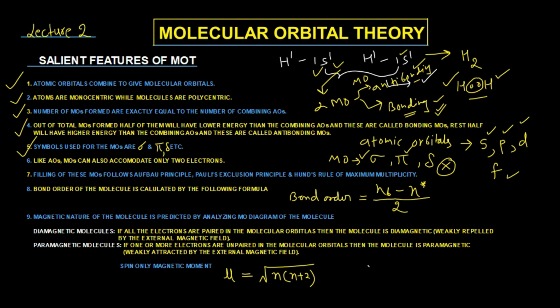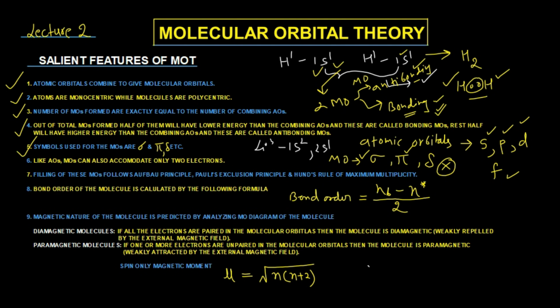Now point number 6: like atomic orbitals, molecular orbitals can also accommodate only a maximum of 2 electrons. What is the meaning of that? The meaning is quite simple. For example, you have a lithium atom with atomic number 3, so we write the configuration 1s2 and 2s1.